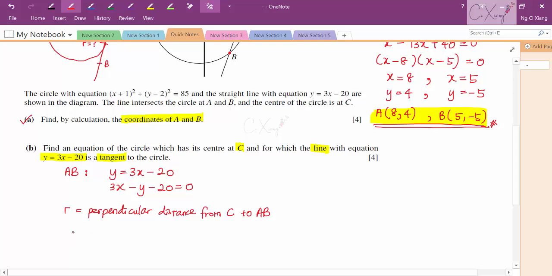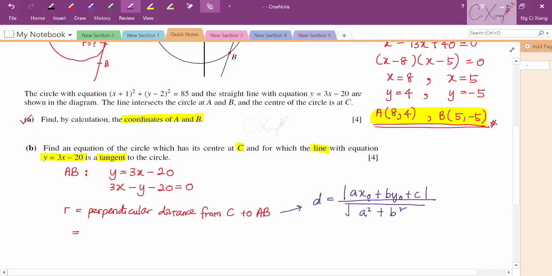So what is the formula for the perpendicular distance from C to AB? Just to recall, the distance equals the modulus of Ax0 plus By0 plus C, divided by the square root of A squared plus B squared.